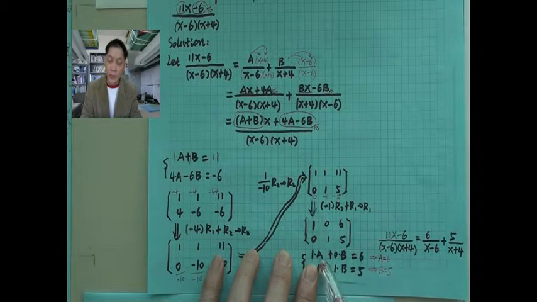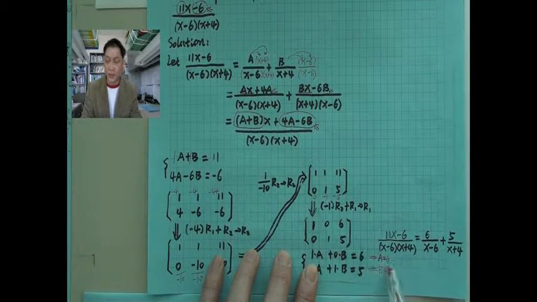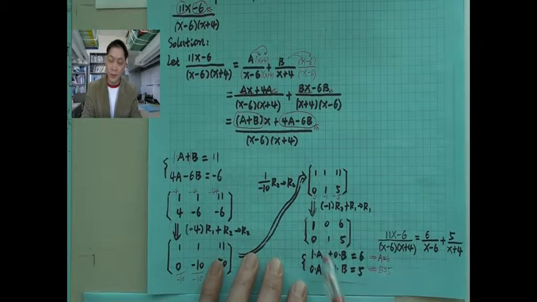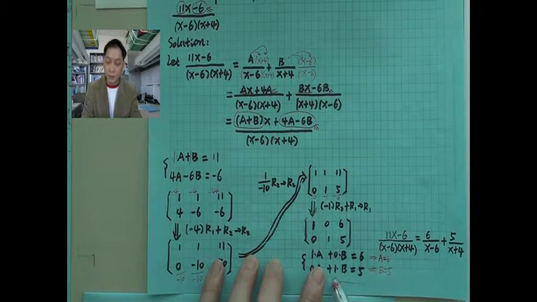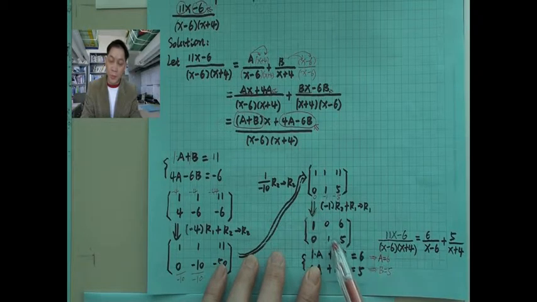So actually A equals 6, because 0 times B is 0. So A is actually 6. And 0 times A is 0, you may write 0A or just 0. And 1 times B is B, and 5 you put here.